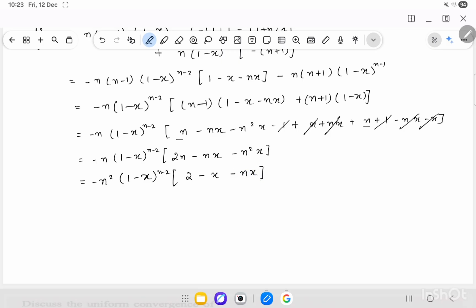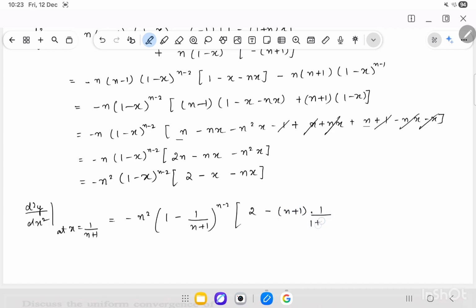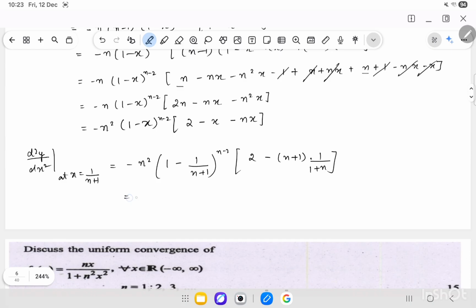If I evaluate d square y by dx square at x equals 1 by n plus 1, it will be equal to minus n square (1 minus 1 divided by n plus 1)^(n minus 2) times (2 minus (n plus 1) times 1 divided by 1 plus n). That equals minus n square (n divided by n plus 1)^(n minus 2) times (2 minus 1), that will be 1 only.